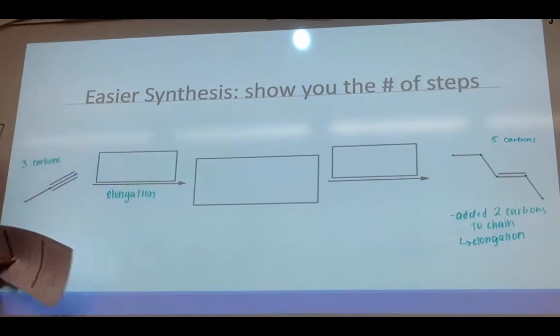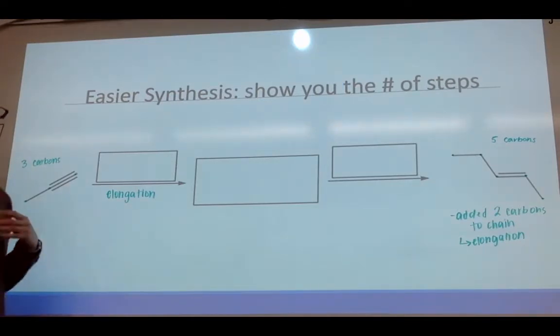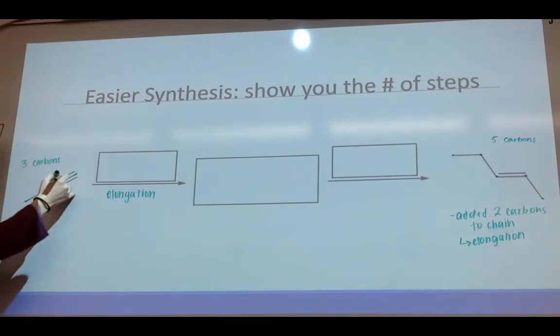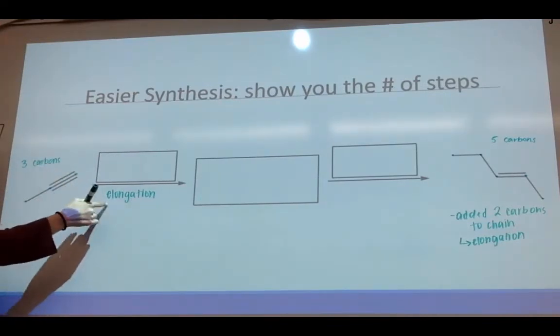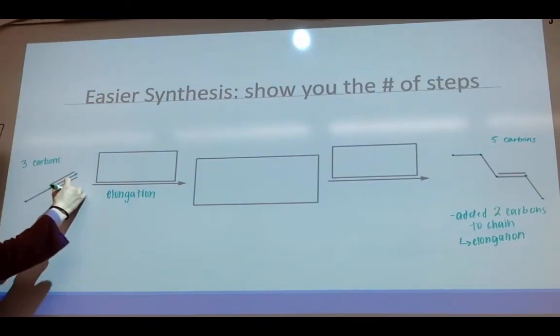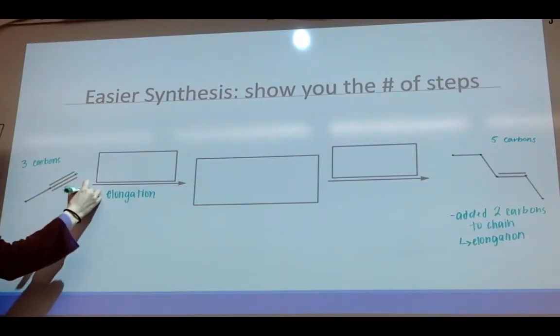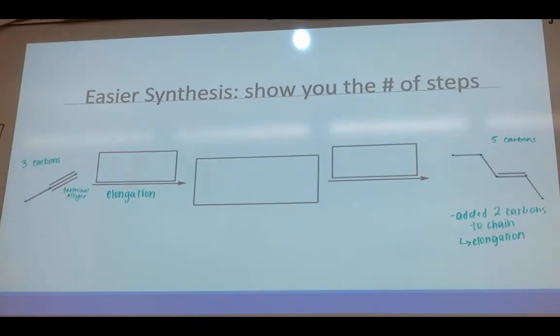You're adding carbons to that parent chain. Then we can look back at our reference sheet, or at our alkyne notes, because this is a triple bond. Elongation can only occur when we have a terminal alkyne. You must have a terminal alkyne for chain elongation to work.